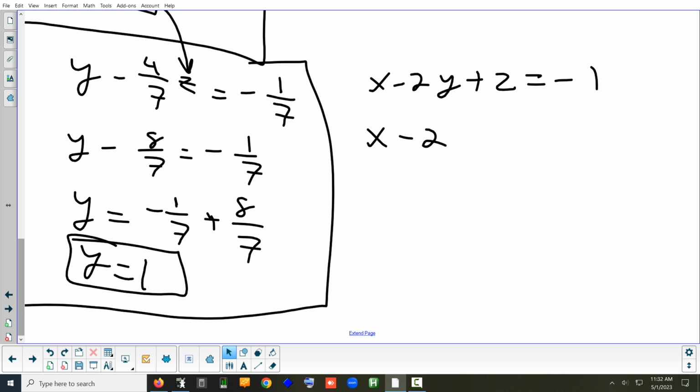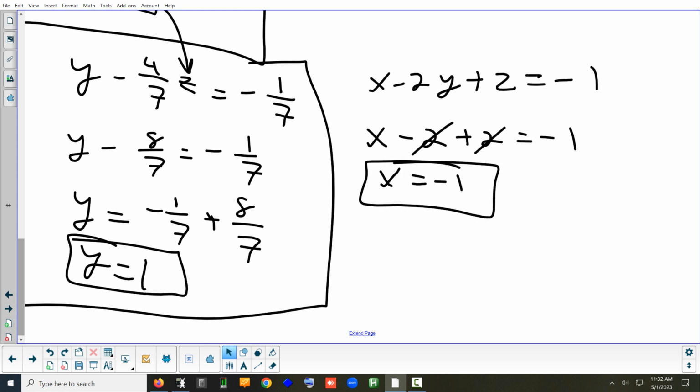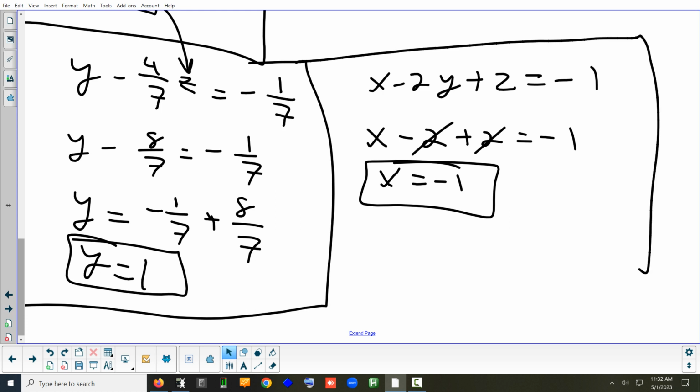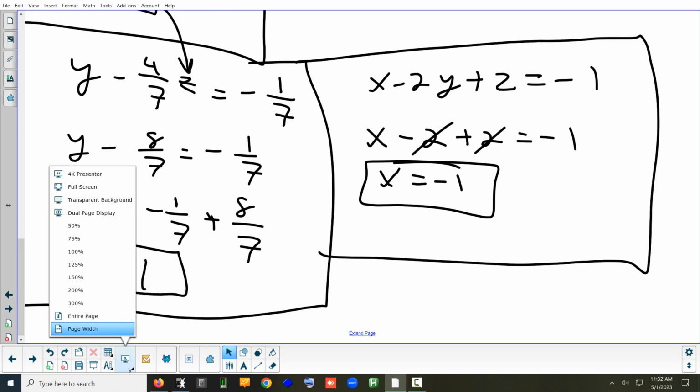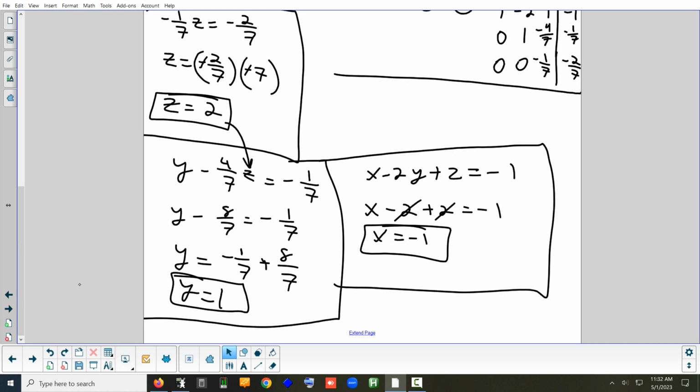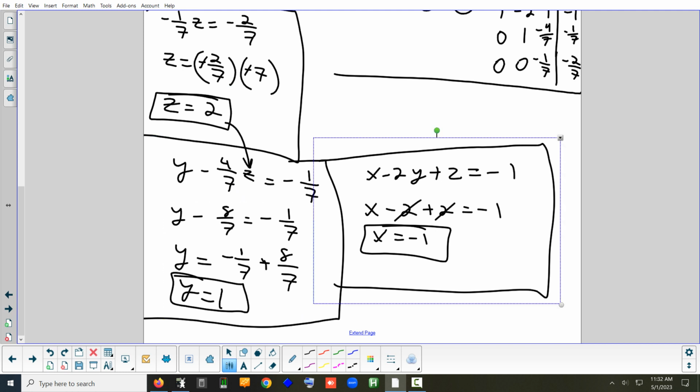And what was z? 2. Well, minus 2 plus 2, that's gone. So x equals negative 1. And that's how you get x, y, and z. When you solve using a system, generally, or solve using a matrix, if nothing special happens, that's generally the order you find them in: z, then y, then x.